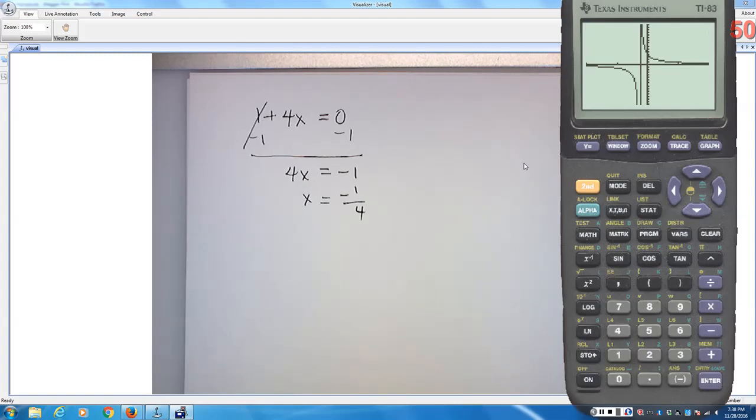So we're going to have to know the asymptote. An asymptote is the value that the parts of the graph approach but can't touch, can't actually have, okay? And it has a vertical asymptote at x equals negative 1/4.